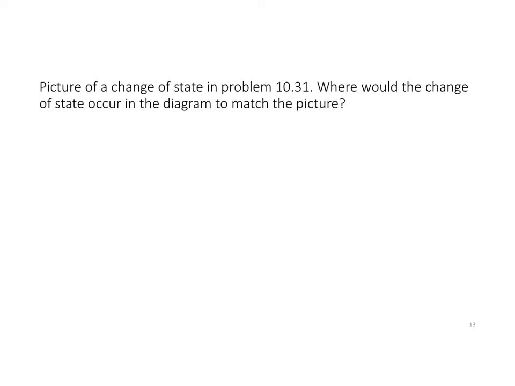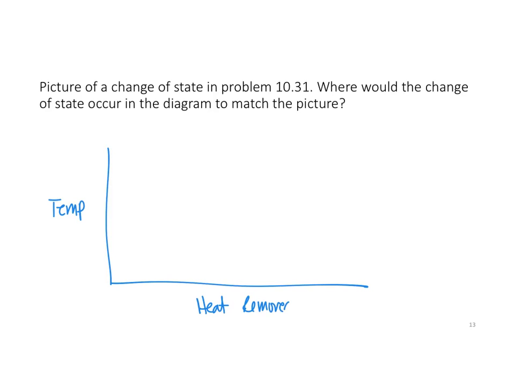Picture of a change of state, problem 10.31. Okay, so I'm going to go to 10.31, and I'm going to draw your phase change temperature diagram, and this is heat removed. I just want you to be able to label these.